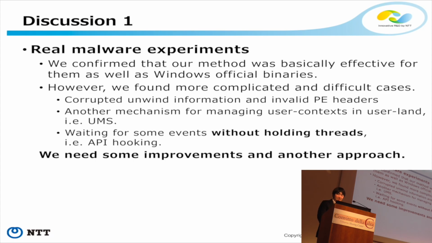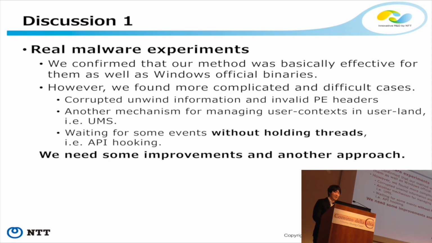And we also conducted a real malware experiment. And we confirmed our method was basically effective. However, we found more complicated and difficult cases. For example, malware uses corrupted unwinding information and invalid PE headers. In another case, they use another mechanism for managing user context in user land, such as UMS.